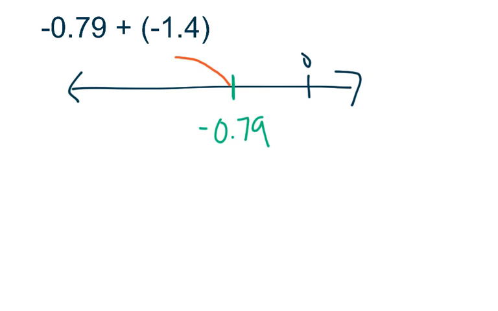You're jumping more negative. So you've got to figure out where you get to if you go negative 79 hundredths and negative 1 and 4 tenths. So you're actually going to add together these negatives.